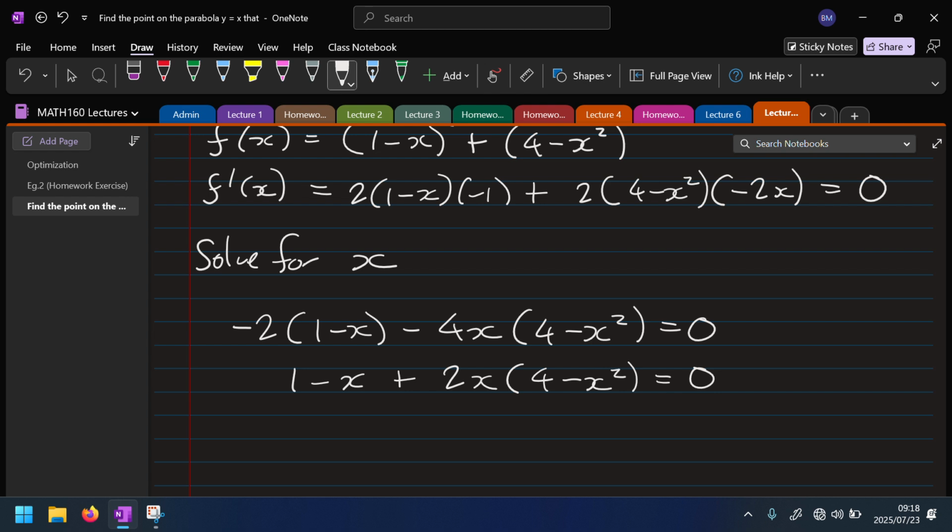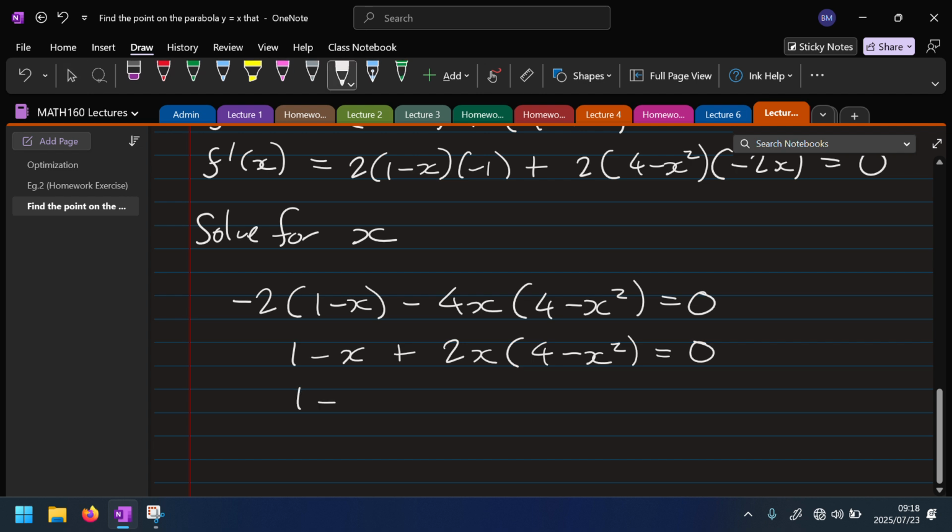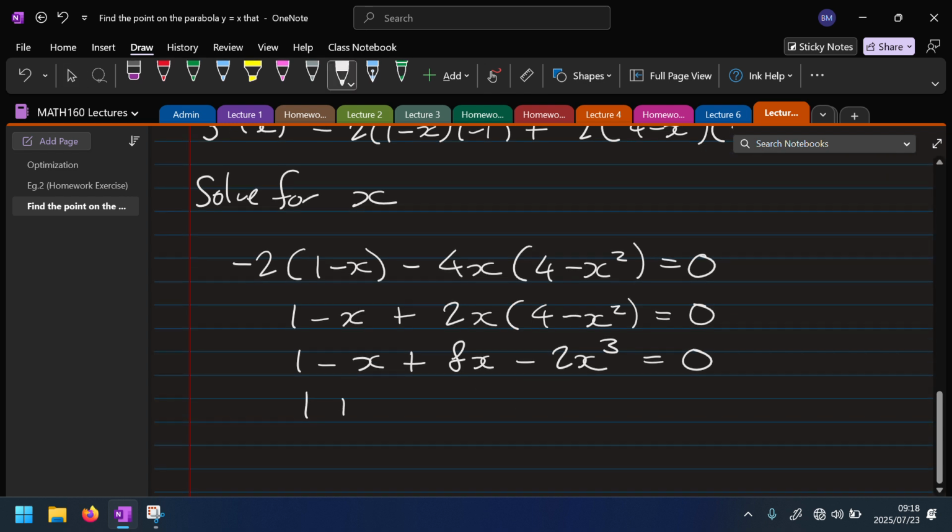Now we can distribute the 2x inside there, so we're going to have 1 minus x plus 8x minus 2x cubed. Minus x plus 8x, that will be a plus 7x.